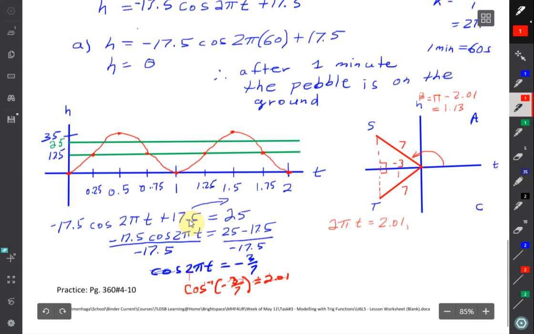I'm going to write it down in this triangle where I have room. It's the same up in this other one, 1.13. So that means that our other value, this value down here, is pi plus 1.13.